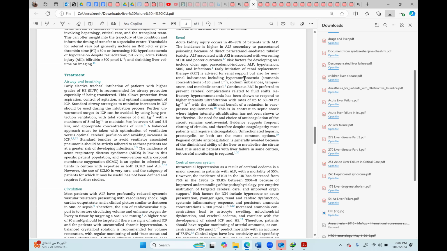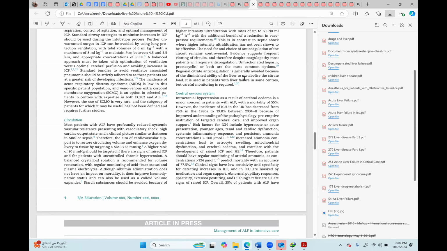Okay. And in liver failure, systemic vascular resistance will be low. So you might have to treat on the lines of septic shock management. The same steps: fluid, vasopressor, then dobutamine, steroid.